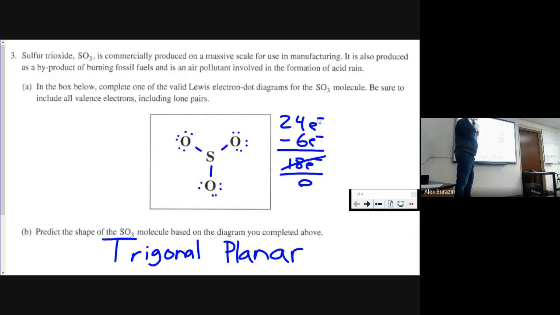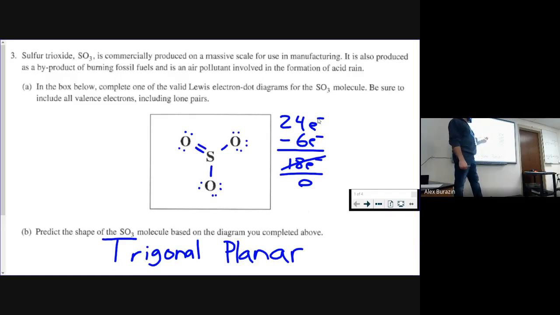And in reality, AP will actually accept this as an answer, which is kind of wild in my opinion. I think they really shouldn't, but they will. You've added all of the electrons appropriately, and the octet rule is satisfied for all 4 atoms. This is a potential correct answer, but there's way more.